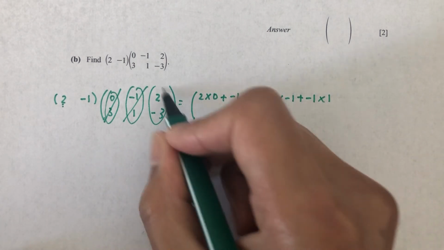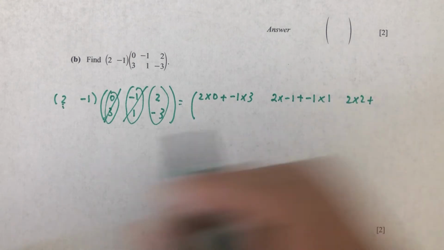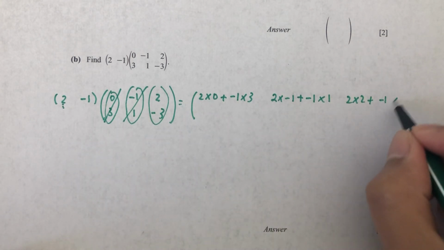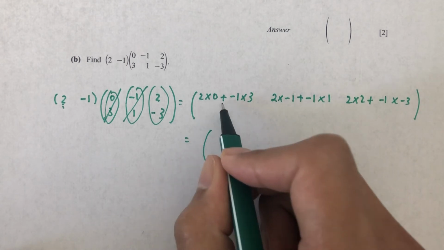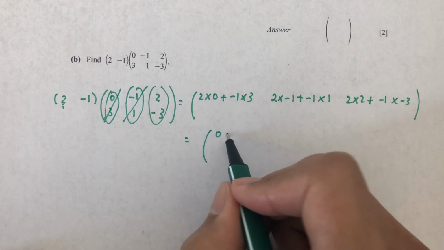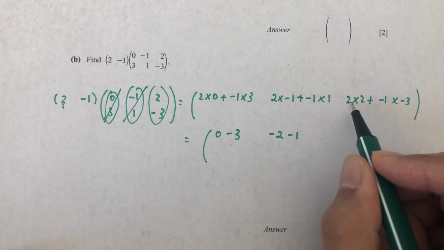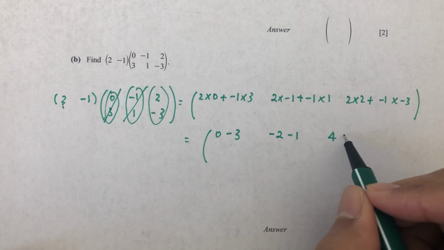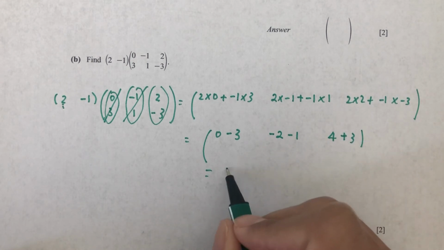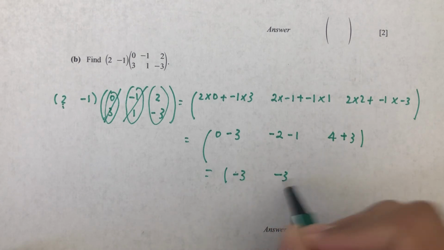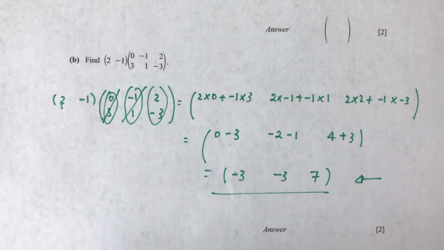Not done. The last one, we have 2 times 2 plus minus 1 times minus 3. So your answer is what? 0 minus 3, minus 2 minus 1, 4 plus 3. So your answer will be minus 3, minus 3 and 7. That is your answer for this part B.